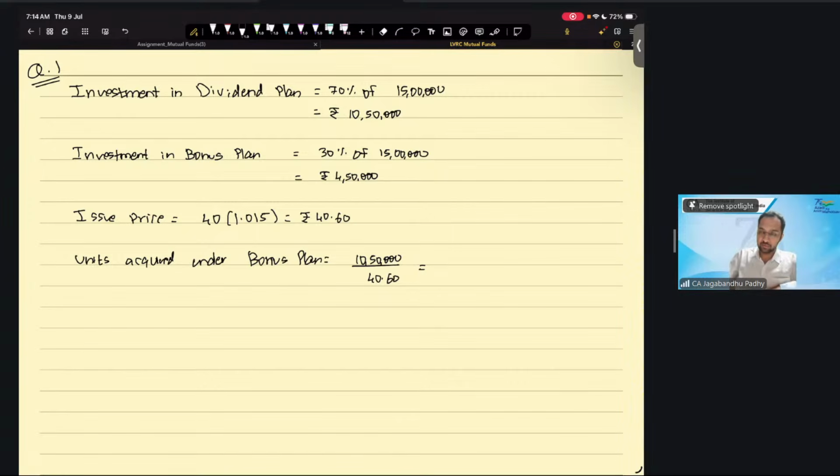So how much is this number? This is 25,862.07. Let's keep the decimals up to two levels.